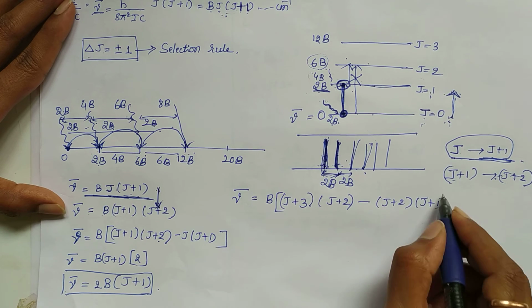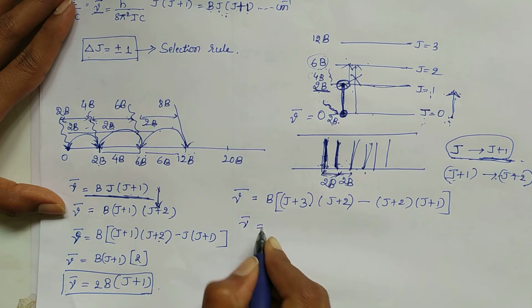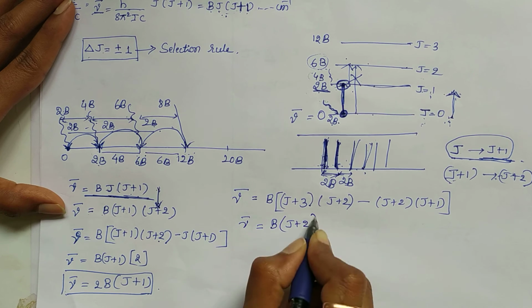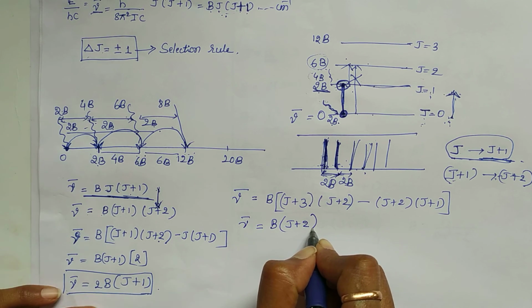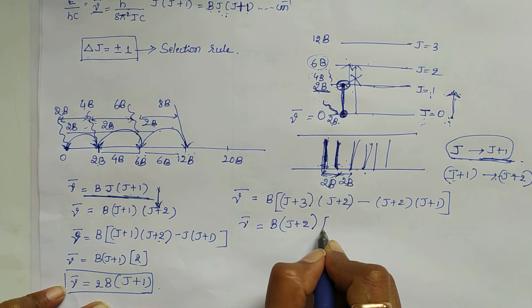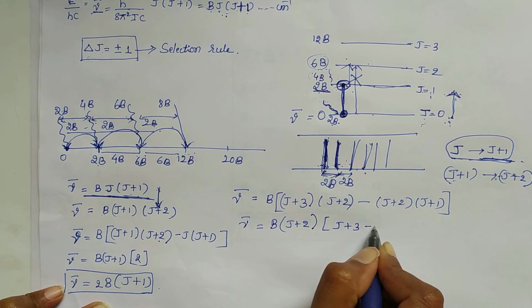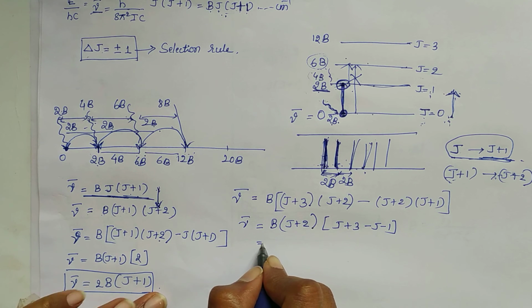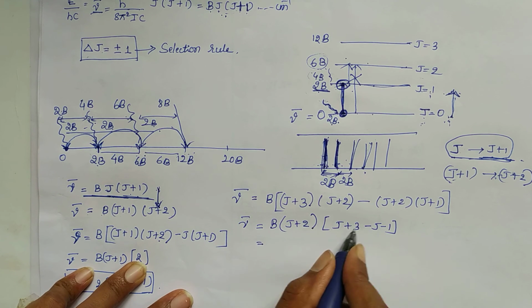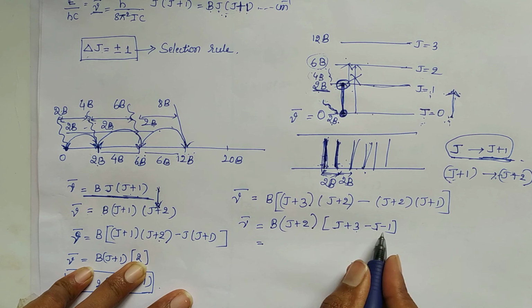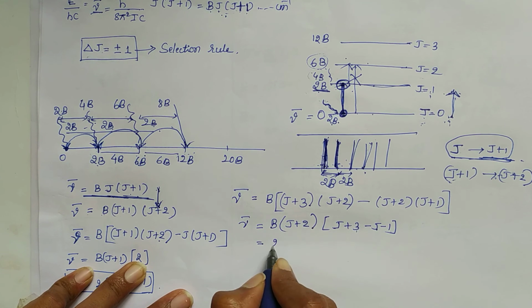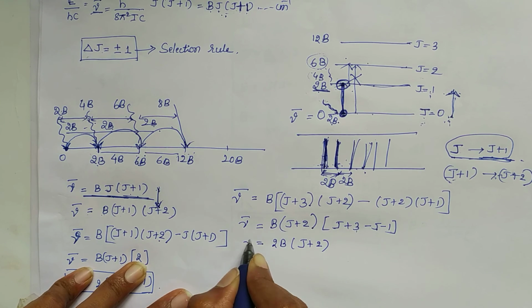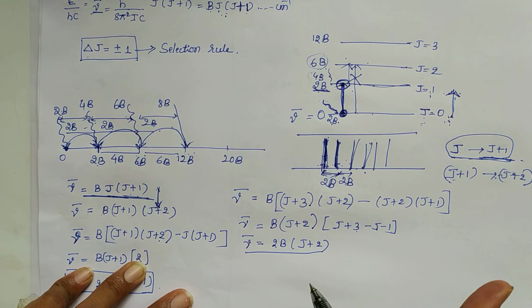If you simplify this, B constant again, from both the terms J plus 2 is common, and in the bracket J plus 3 minus J minus 1. J minus J becomes 0, and 3 minus 1, that is 2B into J plus 2. So this is the wave number of the next line.